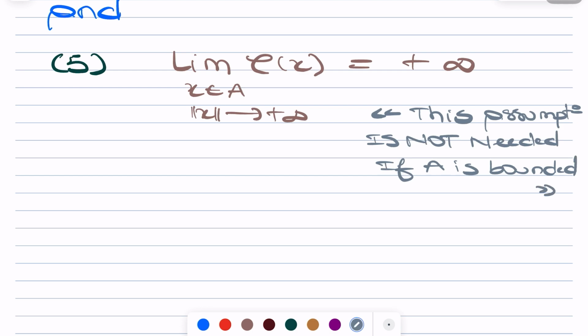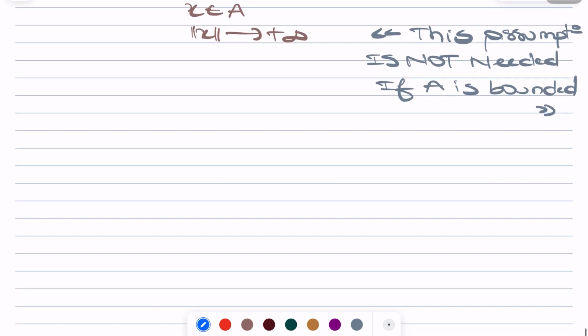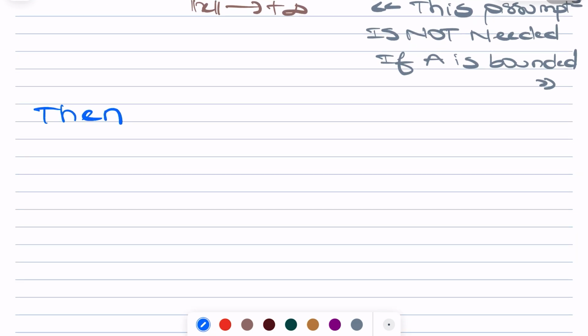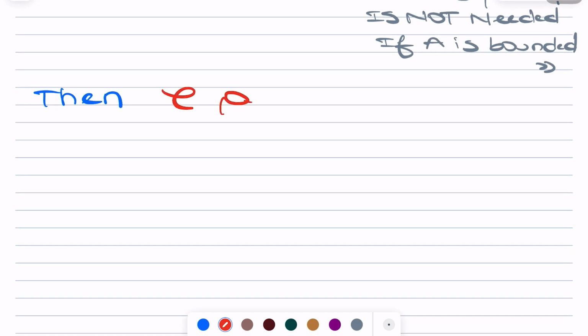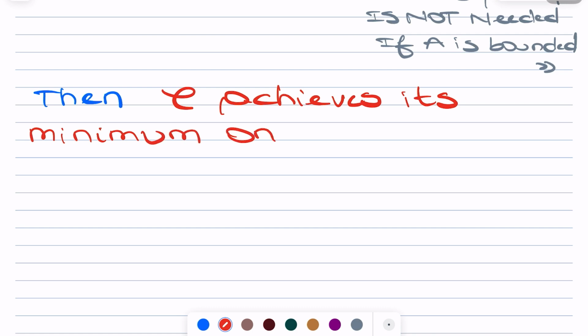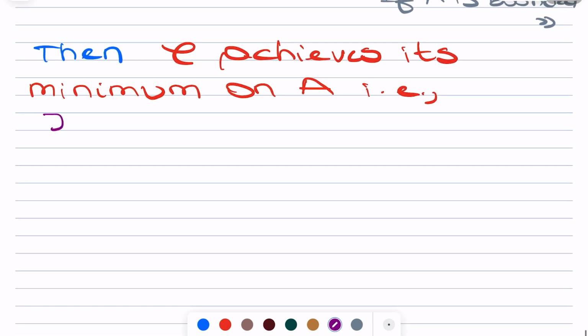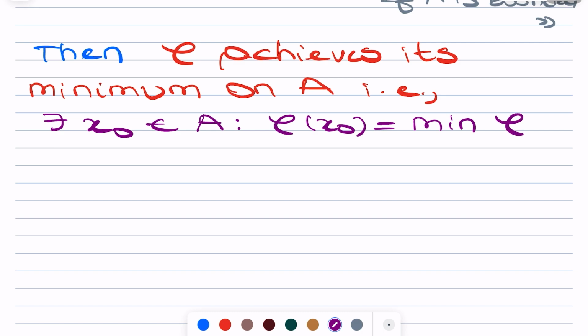Okay, so under the above assumption, we conclude that phi attains its minimum on A. This means that there exists an x0 in A such that phi of x0 is equal to the minimum of phi on A.